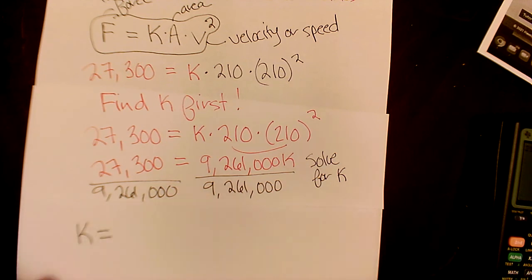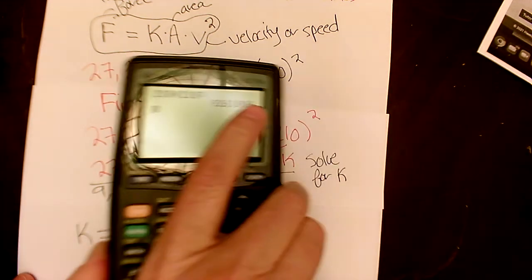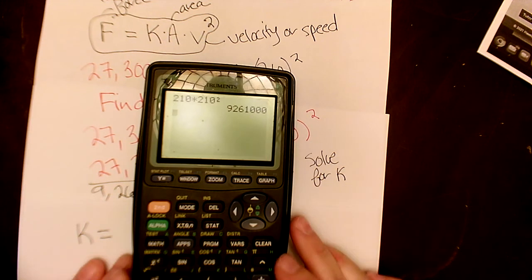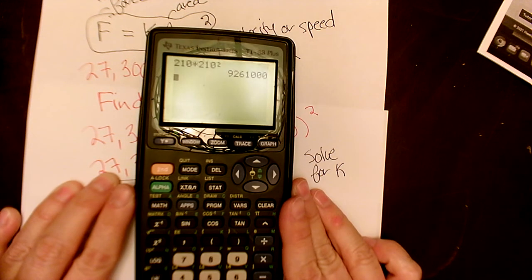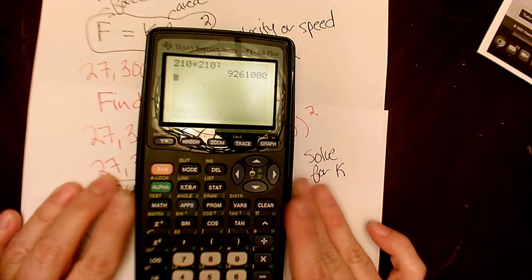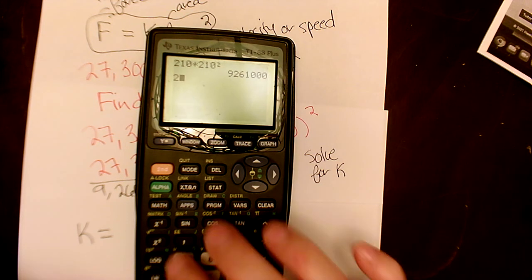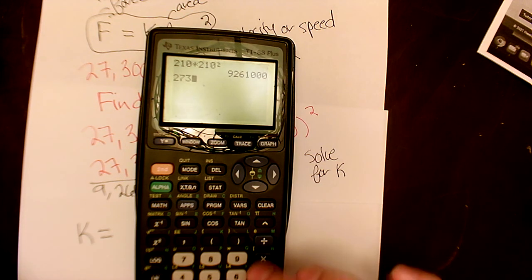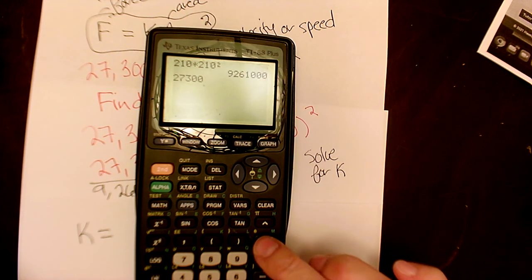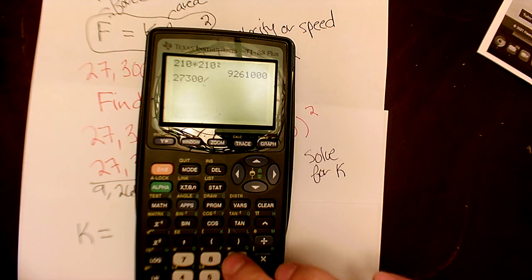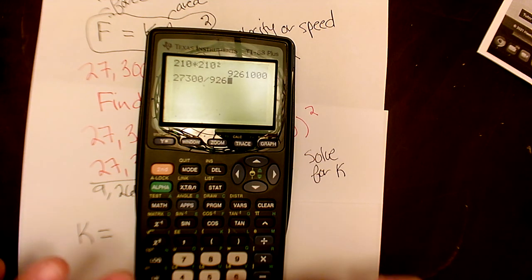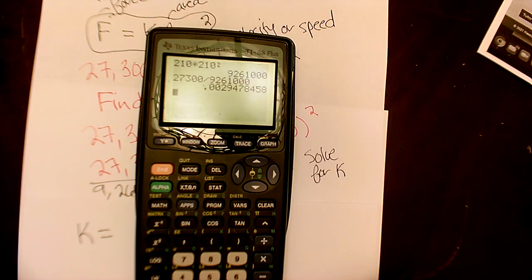Let's see what K is. 27,300 divided by 9,261,000.